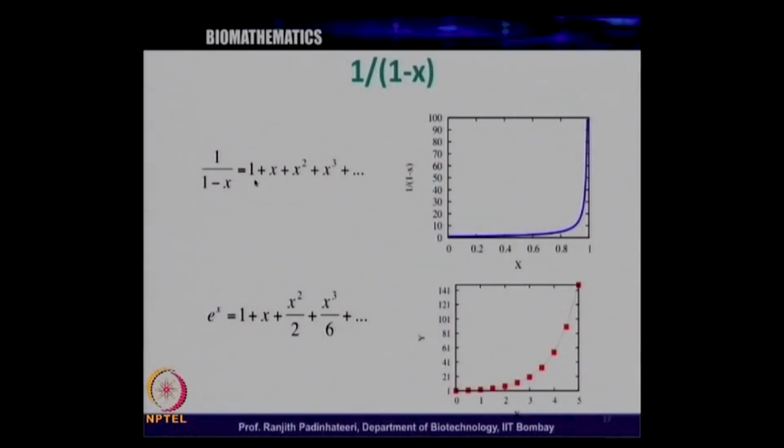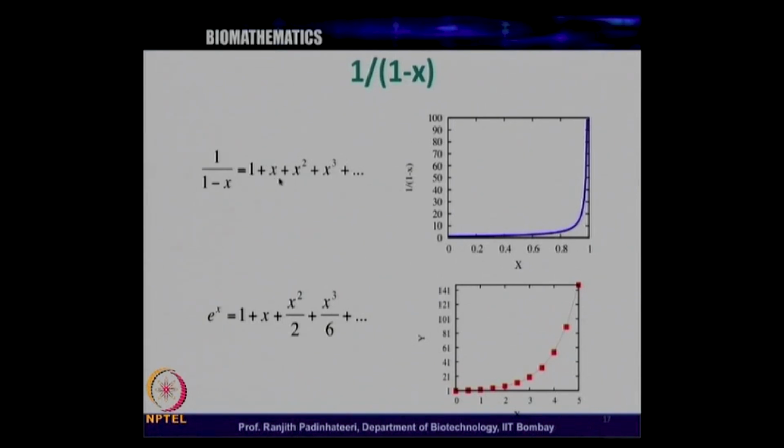If you add 1 plus x square plus x cube and so on and so forth, you get a function called 1 by 1 minus x. In appearance, it is very similar to e power x. You can compare these two.